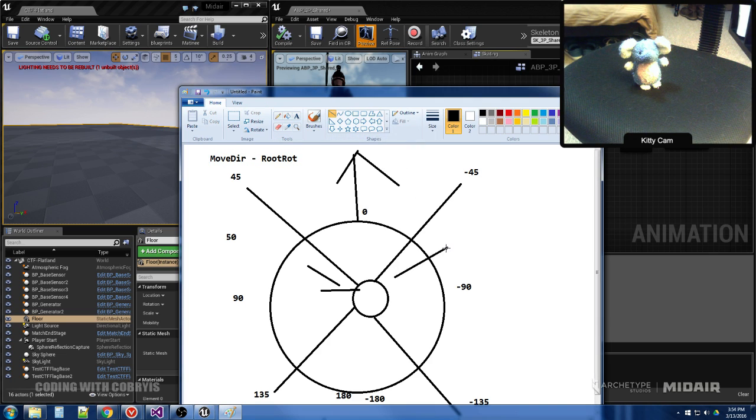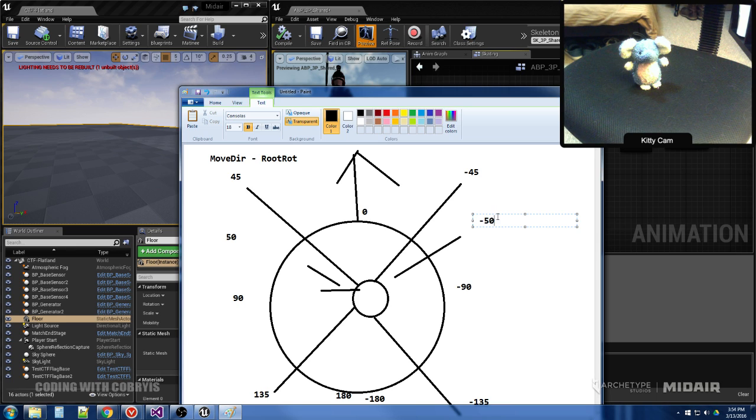So let's say we're facing negative 50. What is negative 90 minus negative 50? Negative 90 minus negative 50 is negative 90 plus 50, which is negative 40, which is what we want because our yaw, remember, goes from negative 45 to 45.